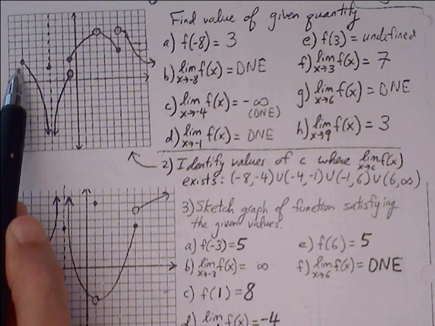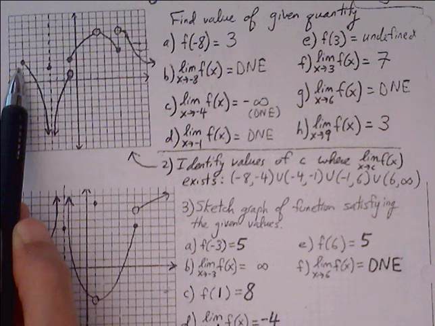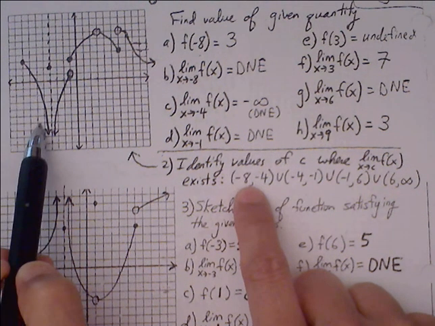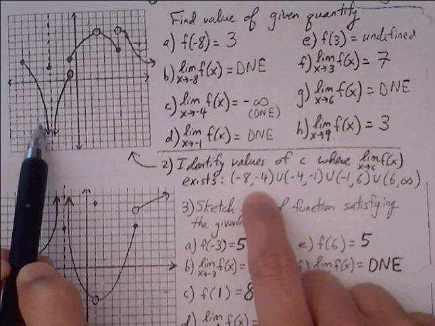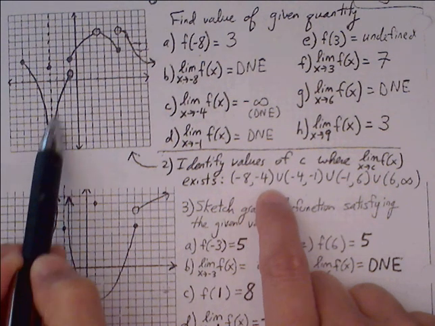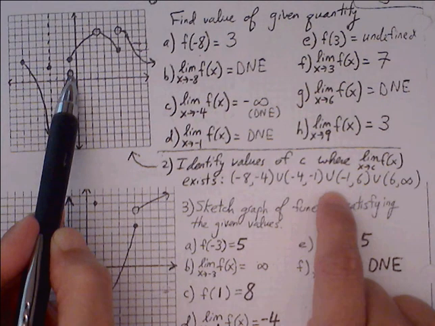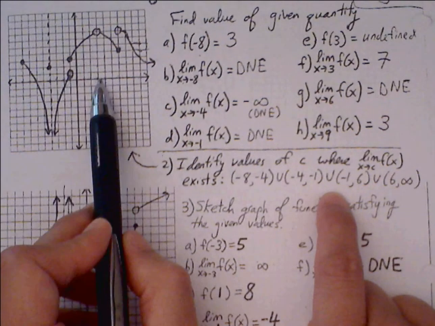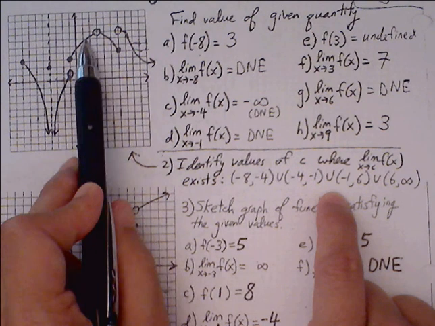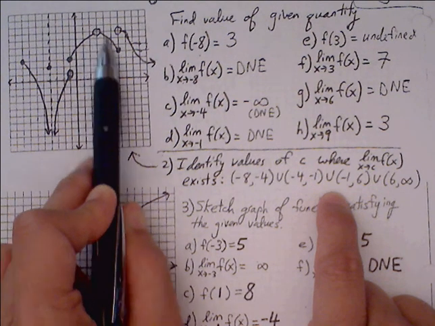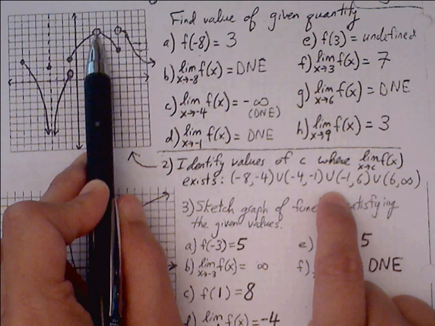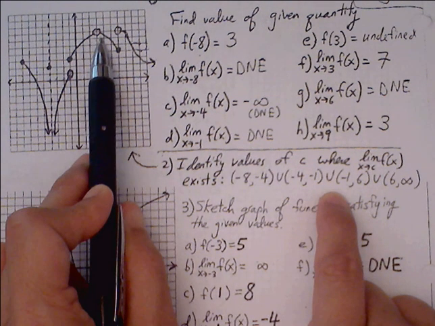So we know that from -8 to -4, the limit is going to exist with parentheses around, and then from -4 to -1, there's a break. From -1 to now, there's a hole at 3, but we said that the limit exists if there's just a hole in the graph that's causing discontinuity.